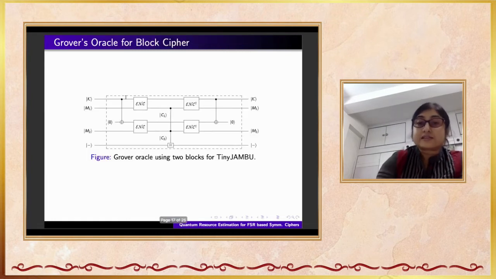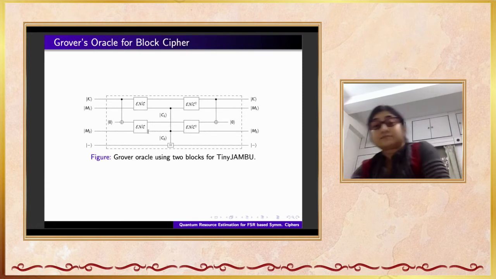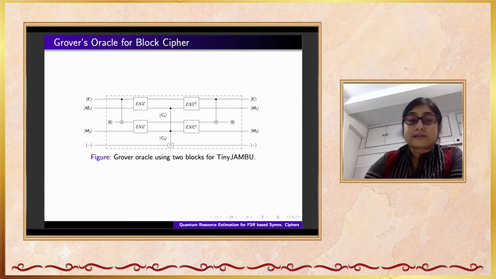In the case of a block cipher, we have to apply Grover in parallel. Here we are considering two blocks, that is why we are applying two Grovers in parallel. So first Grover, ENC dagger; second Grover, ENC dagger. For the first Grover, our plaintext-ciphertext pair is M1 C1, and for the second Grover, our plaintext-ciphertext pair is M2 C2. This equal operator compares whether the output from ENC is C1 and whether the output from ENC is C2.